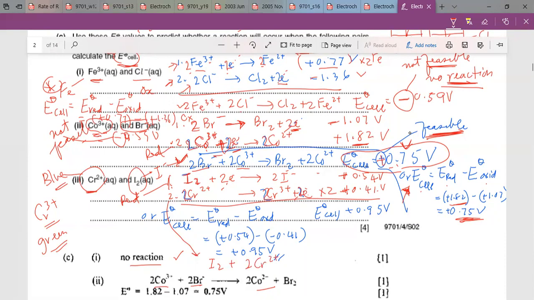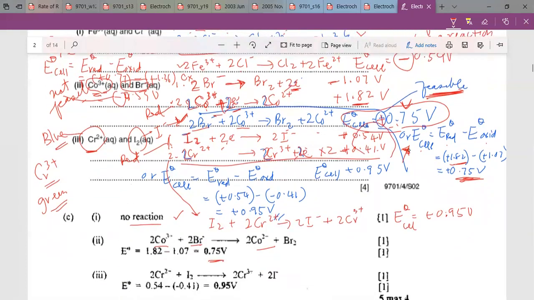No joke. I go to 2 I minus plus 2 Cr3 plus. And of course, the E cell is how much I did for you here before. Just add them up. It's positive 0.95 volts. Okay, is it right? Yeah. Okay, 0.95.